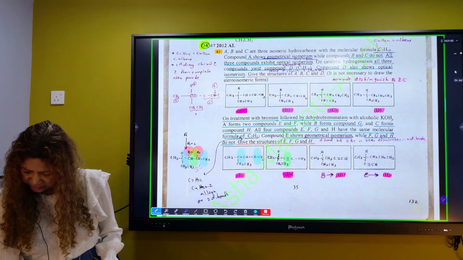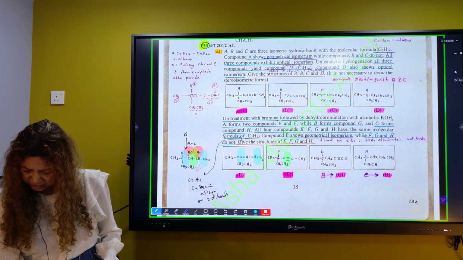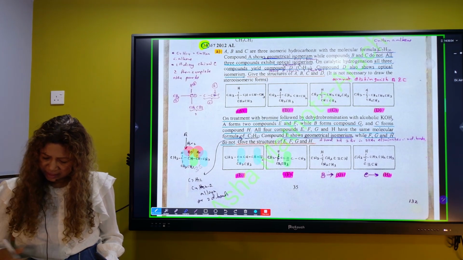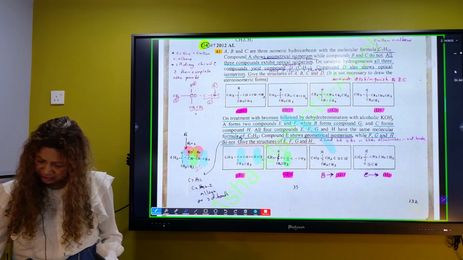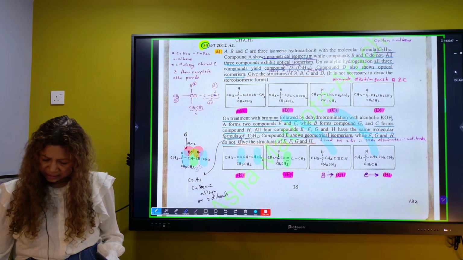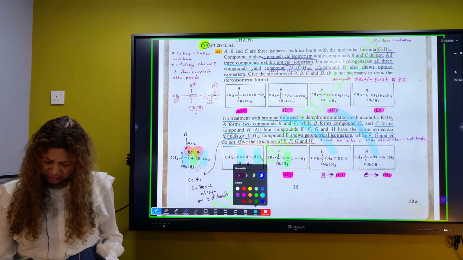While B forms compound G and C forms compound H, and A forms these two.